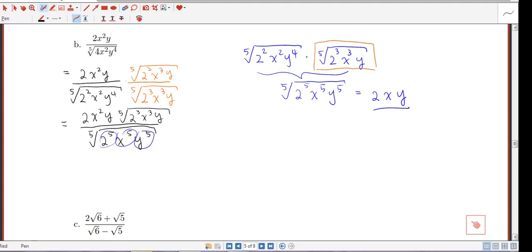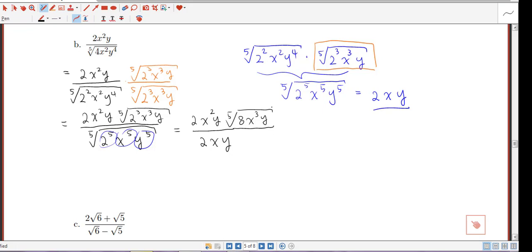Okay, so this is going to equal, let's see, 2xy on the bottom, and on the top you're going to have 2x squared y, and then the fifth root of 2 to the third, that's 8, x to the third, and then the y.